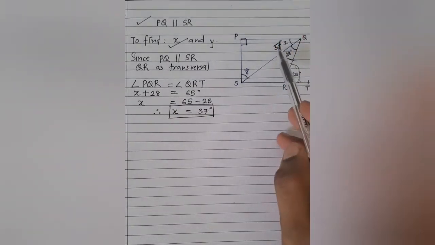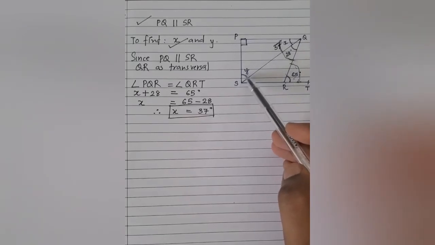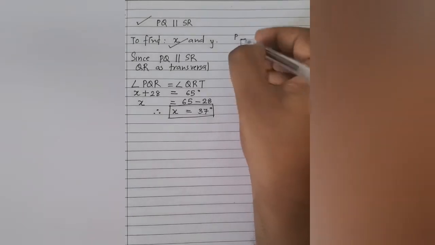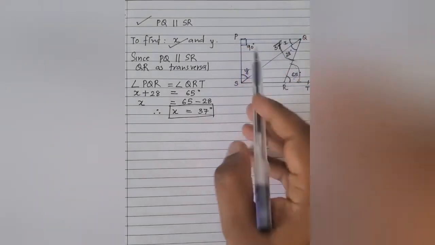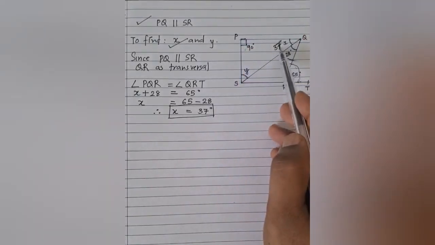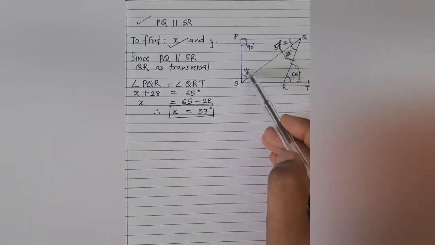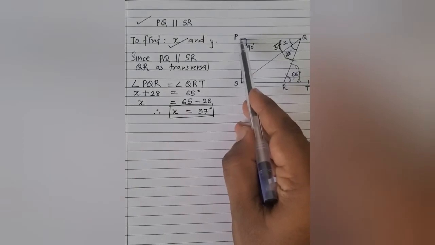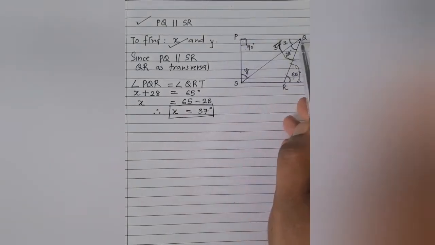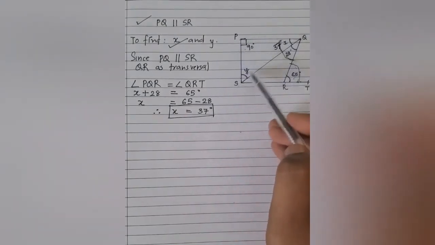Now, what else do I have to find? Angle y. And if you observe, this is already given as 90. This is 90. This is 37. Can I find the measure of y? Yes, because you can consider PQS as a triangle.